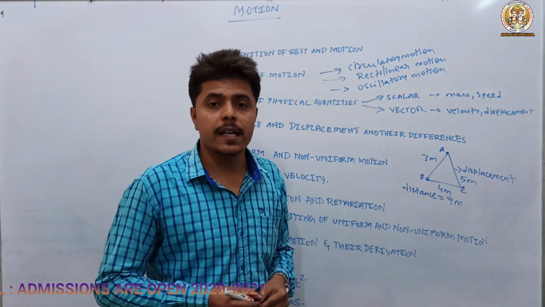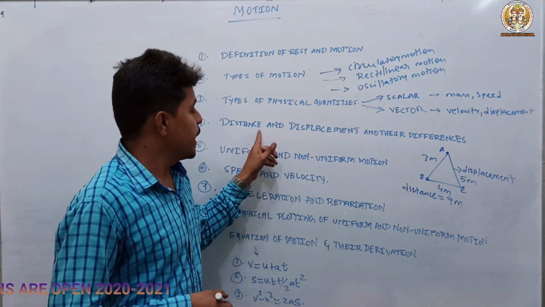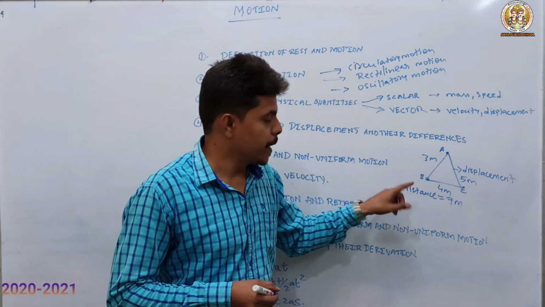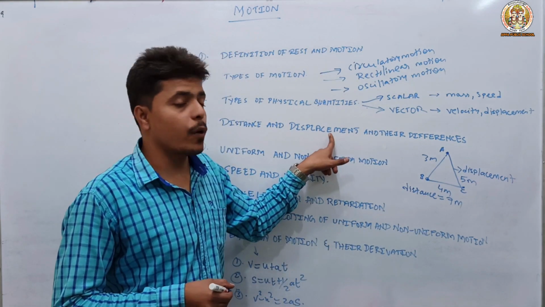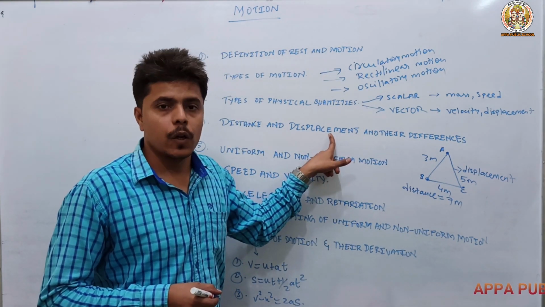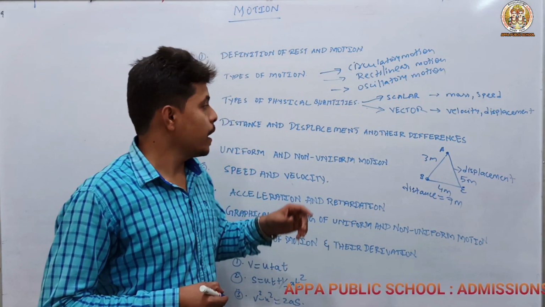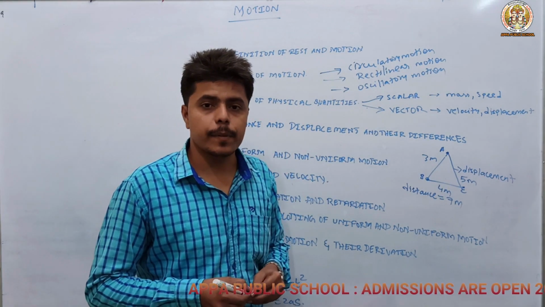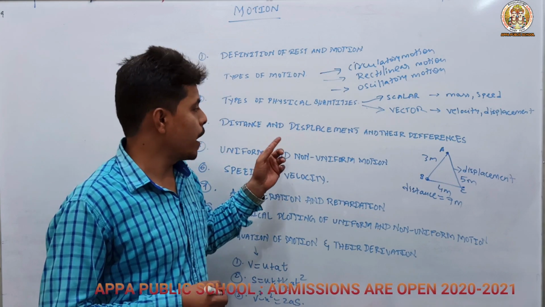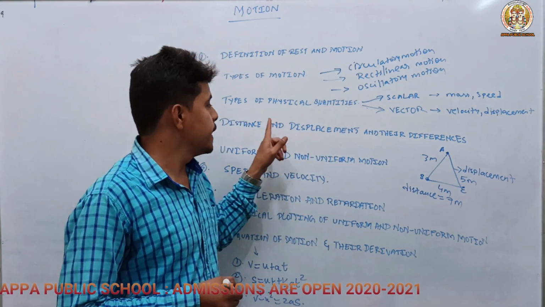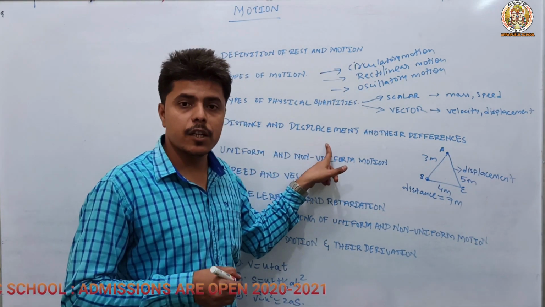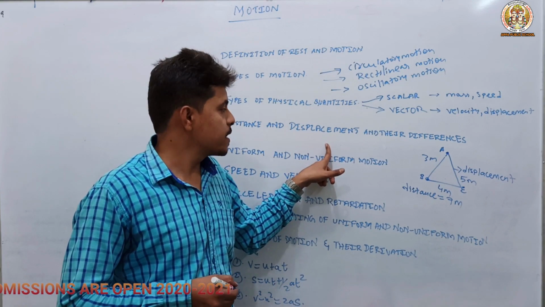The SI unit for distance is meter, and the SI unit for displacement is also meter. The actual path traveled by a body is distance; the shortest distance between initial and final point is displacement.